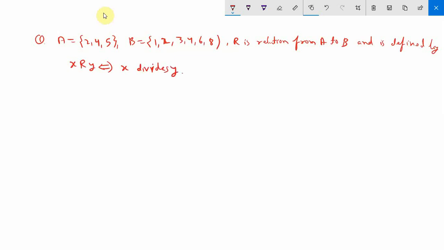Okay, so first, write R as a set of ordered pairs.